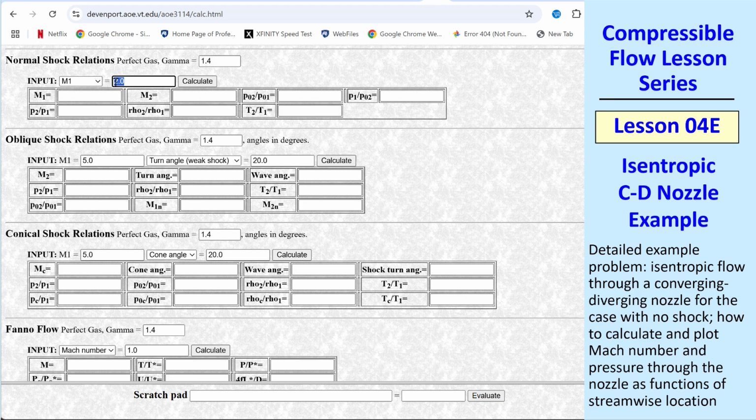And we plug in M1 as 2.4683, which is the value we got from our table, and hit calculate. This gives us the subsonic Mach number downstream, 0.516 something. And what we're really interested in is P1 over P2, which is 6.9413. Notice that the pressure jumps by almost a factor of 7.